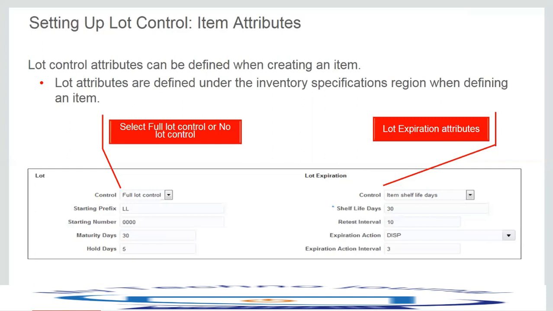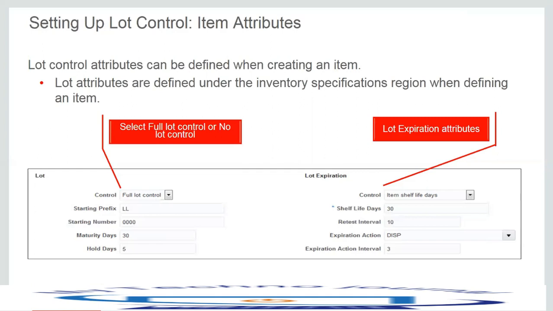You can update the lot control options for an item if it has zero on-hand quantity. But if there is any open internal order or inter-organization in-transit shipment, you cannot change the lot control. A lot number is a combination of an alphanumeric prefix and a numeric suffix.